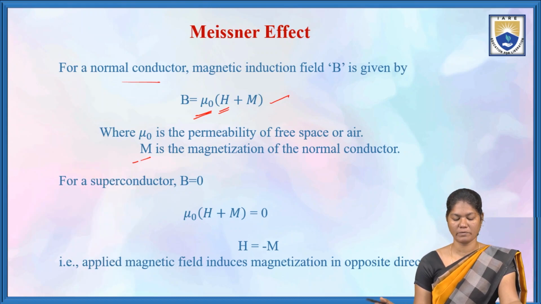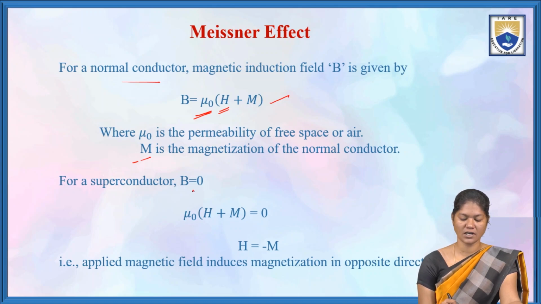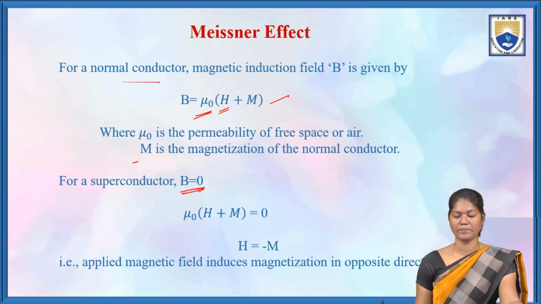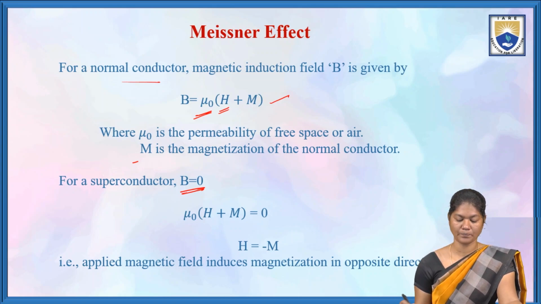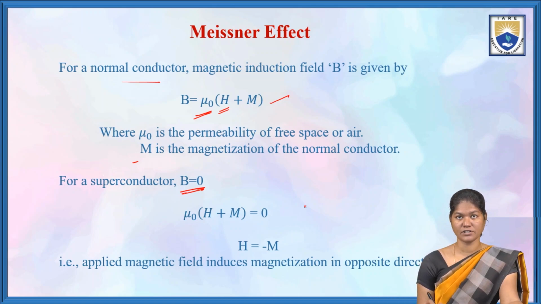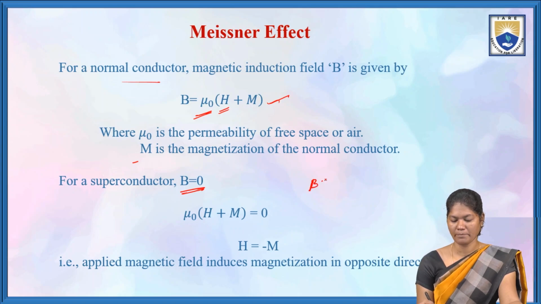For a superconductor, B is equal to 0. So when B is equal to 0, from this expression, as we know for a normal conductor, B is equal to mu naught of H plus M.